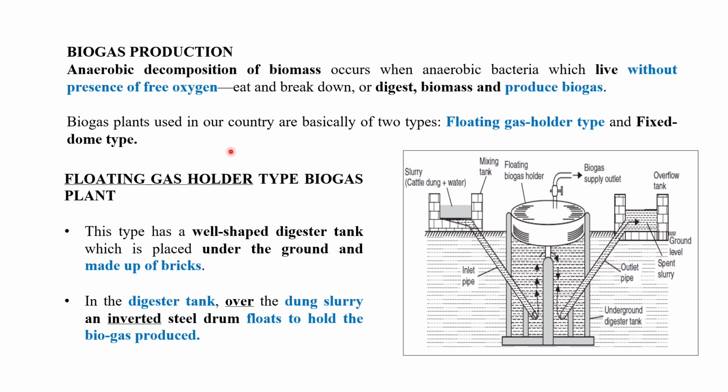The biogas production process. In this case, we can also discuss this diagram in detail. Anaerobic decomposition of biomass occurs when anaerobic bacteria, which live without the presence of free oxygen, eat and break down or digest biomass and produce biogas.